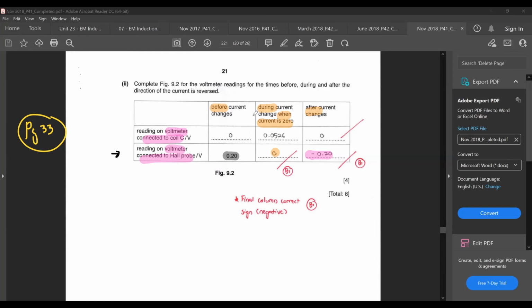So your magnetic field that's produced would also be acting in the opposite direction. You're going to get back the same magnitude, just that the direction is opposite. Because your magnetic field is in the opposite direction now, you put your Hall probe there, you're going to get a negative sign, opposite polarity.